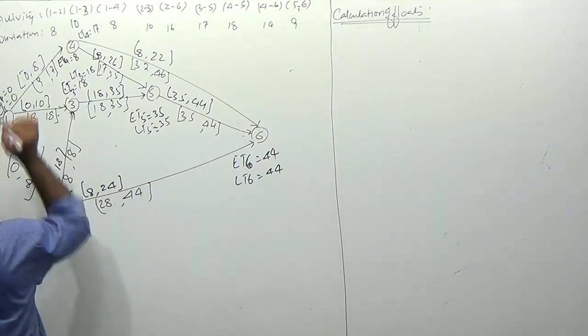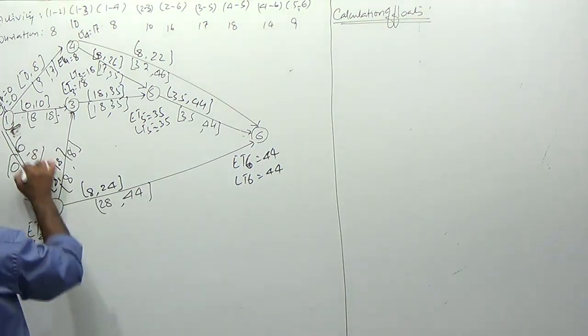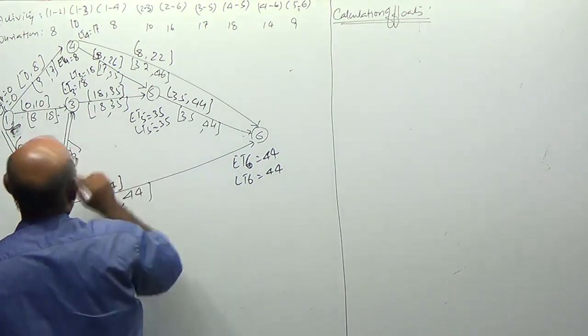Latest timing of 1 is 0. So this is the critical path.